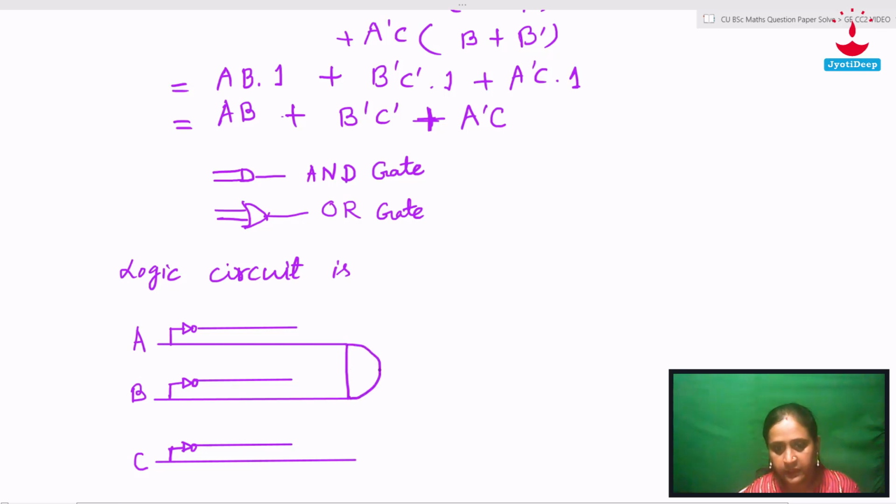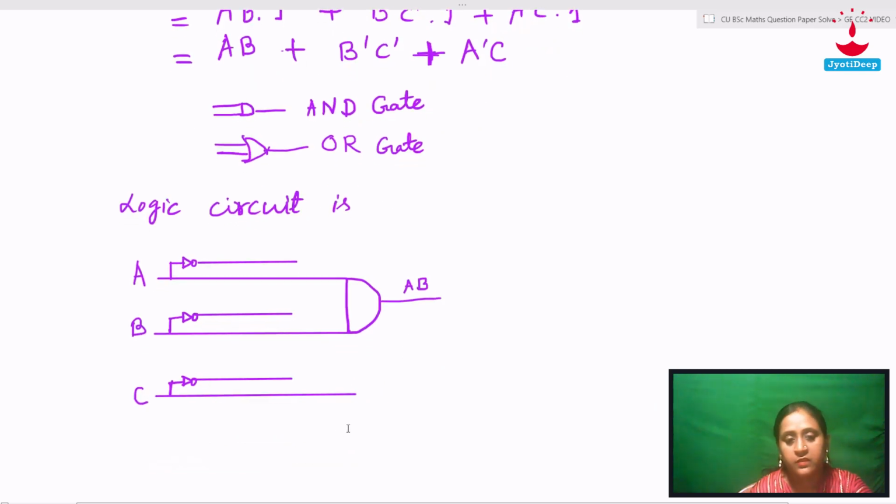This is AB. Now B dash, C dash. This is B dash and this is C dash. So I am going to take these two lines further like this.